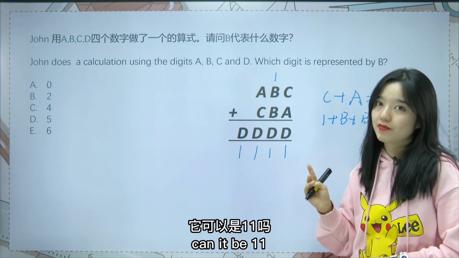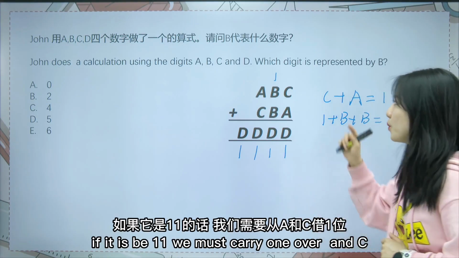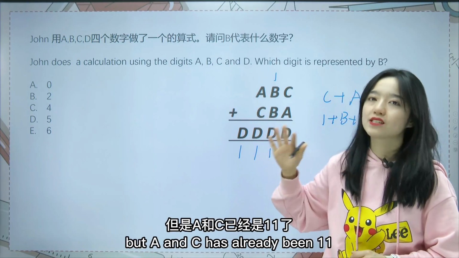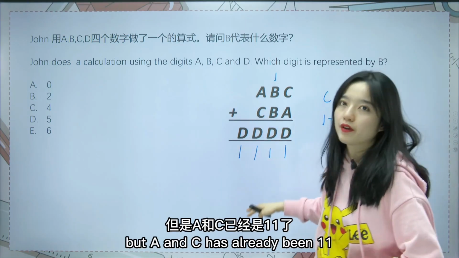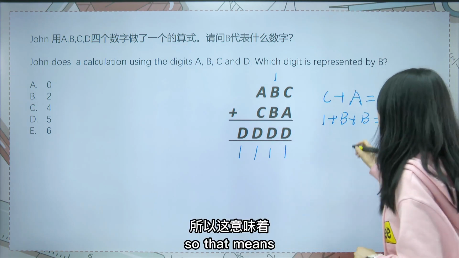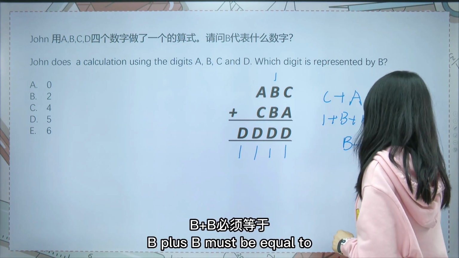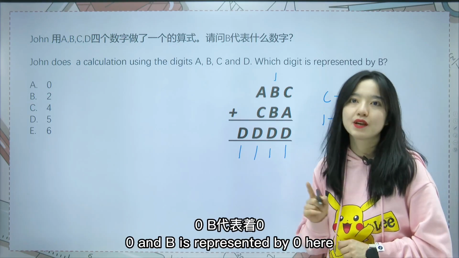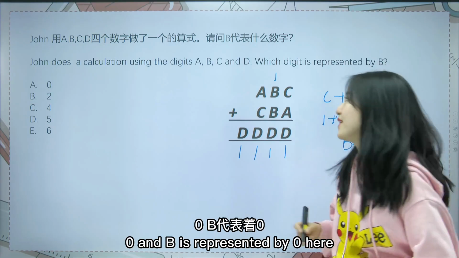Can it be 11? If it is 11, we must carry 1 over to A and C. But A and C already make 11, so we can't have carrying over here. So that means B plus B must be equal to 0, and B is 0 here.